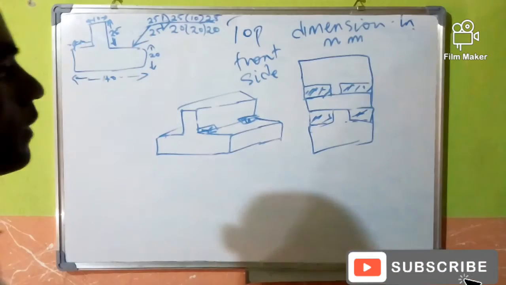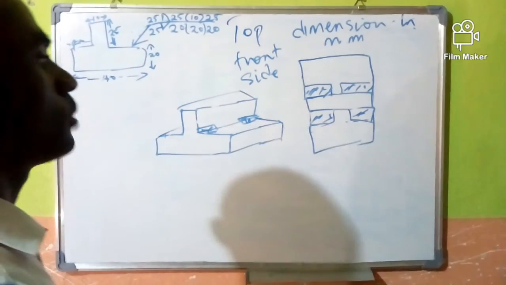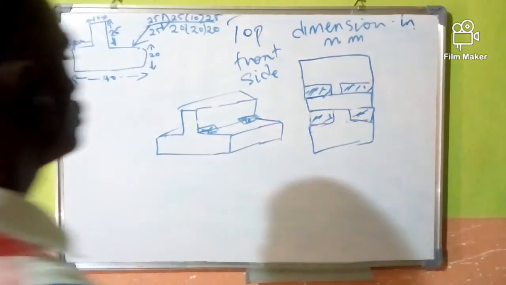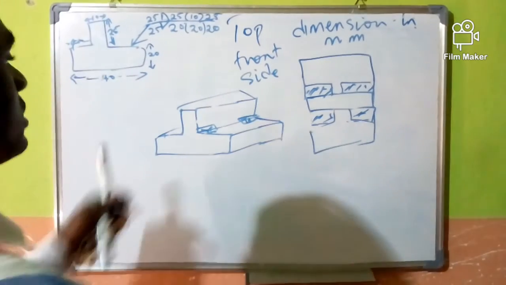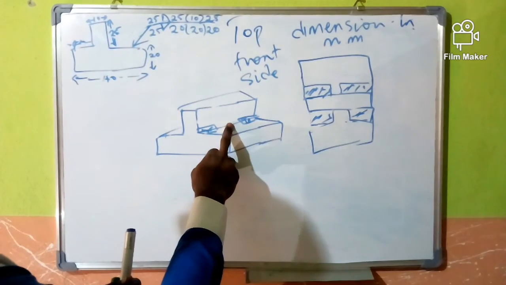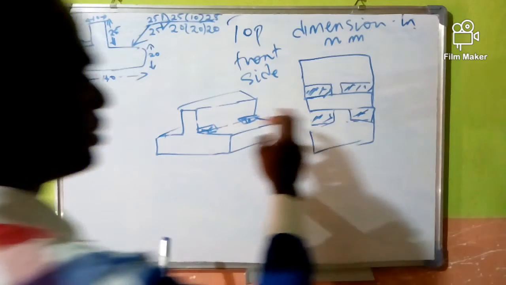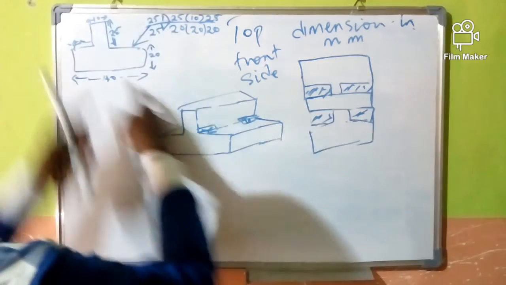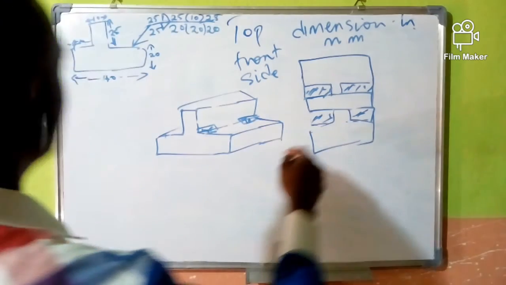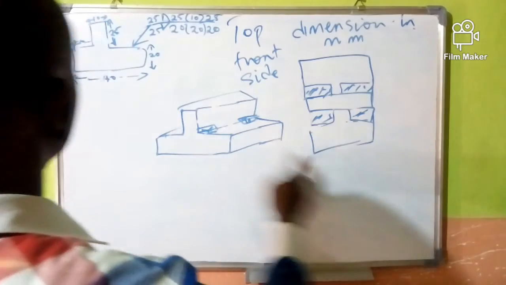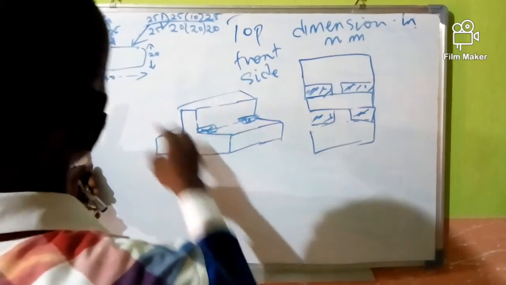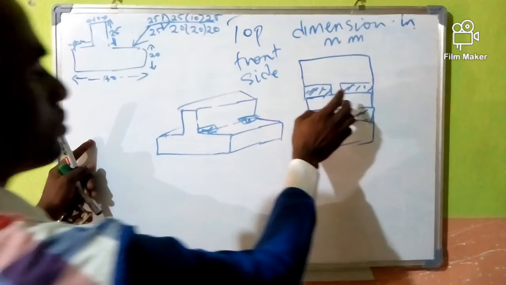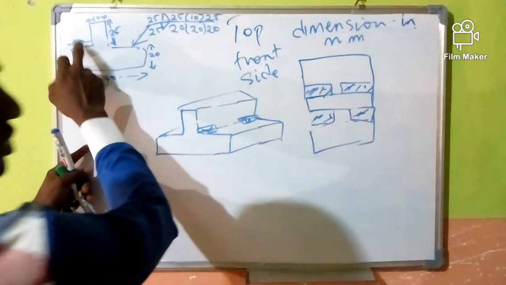So this is what we have. Using the top view, this is what you get. This represents the welded parts. This represents this part, which is here. Now this from here to here represents this part here, the same as this part.